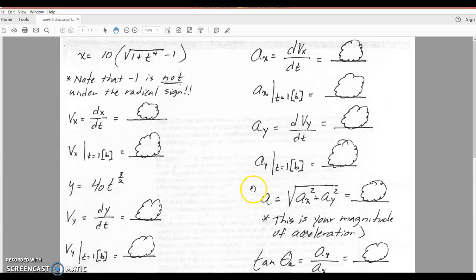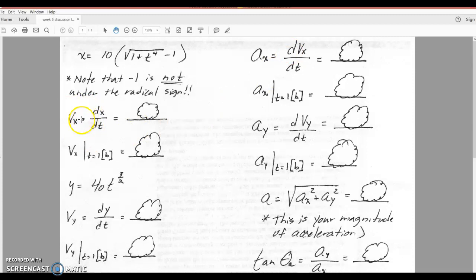Then we're going to go up here, and we're then going to work the acceleration. From a procedure standpoint, it's basically the same thing, but now you know that in order to find acceleration, you take the derivative of velocity. So the acceleration in the x direction is the derivative of the velocity, which you found over here.